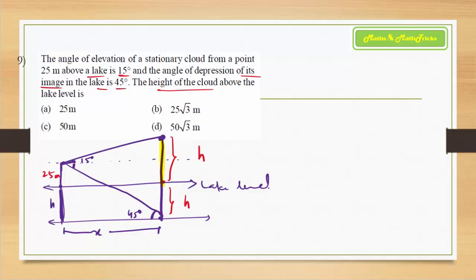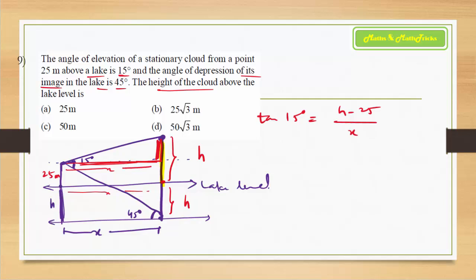So we can use the formula of tan 15 degrees. Be careful, you are using this triangle, and this part of the height is h minus 25, because the total was h there. So tan 15 degrees equals h minus 25 upon the unknown x, because these are parallel segments x.